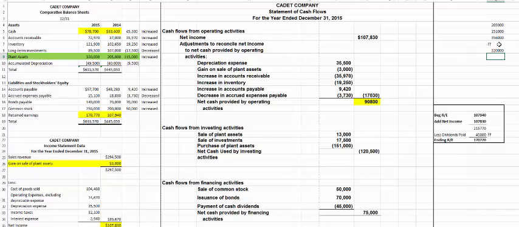What I'm saying here is, what was the historical cost of the asset that was sold? How could we do that? Take this 356 minus the ending balance of 320, and we would see that that is in fact the $36,000 historical cost.